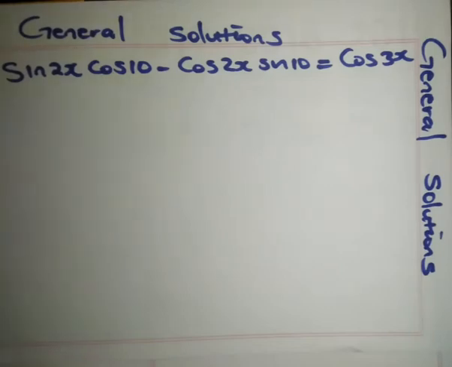Like we had equations on our algebraic quadratic equations, we also have our trigonometric equations, and the method that we use to solve such equations is called the general solution.